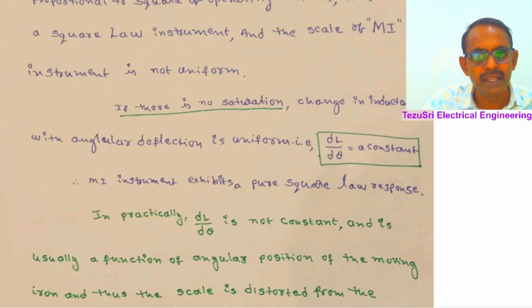That means dL by d theta is constant when there is no saturation. Therefore, dL by d theta is constant, and then the scale of the instrument is square law.